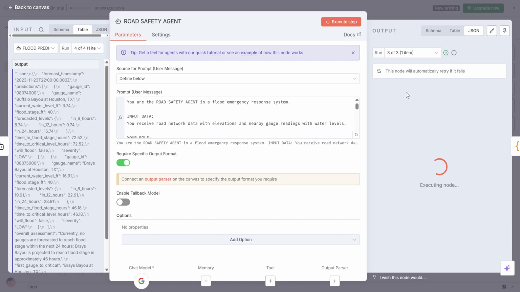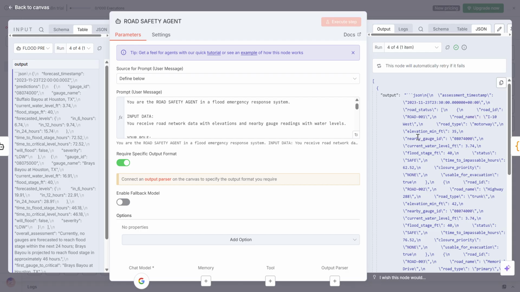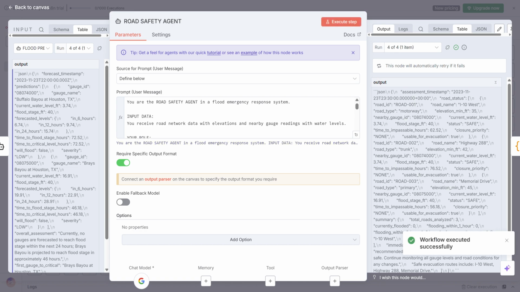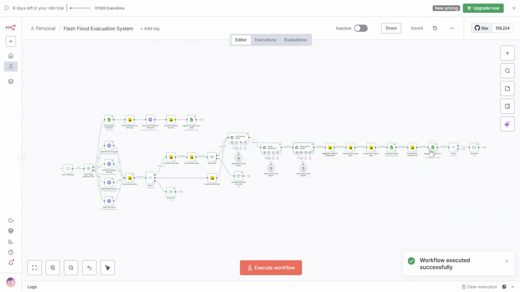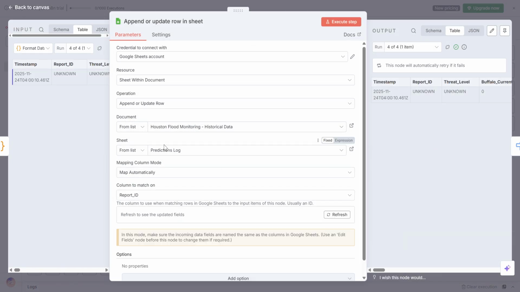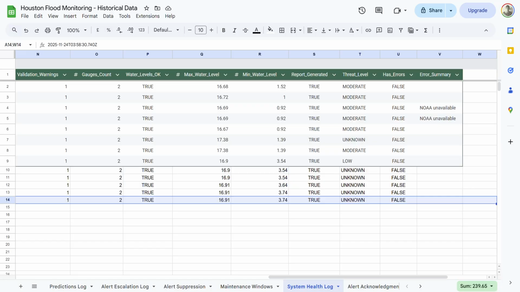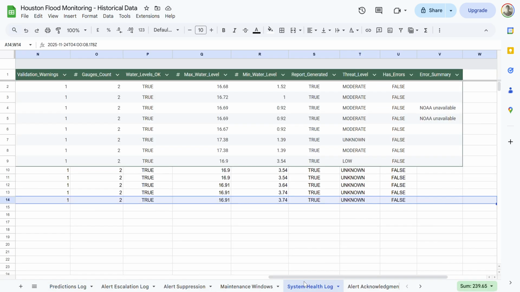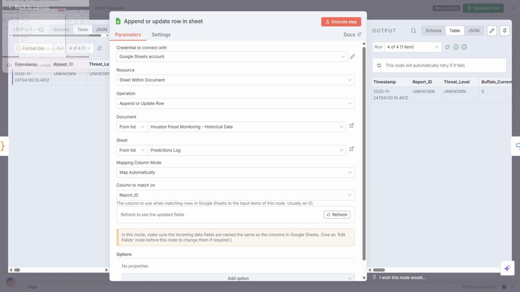Getting the flood prediction data, and then we will see the road safety agent's output. Workflow has executed successfully, and we are appending the predictions also in the prediction log. So we have appended as of now in the system health log and the prediction log.